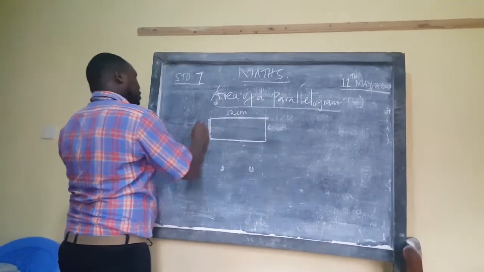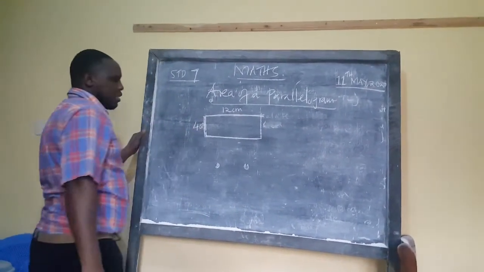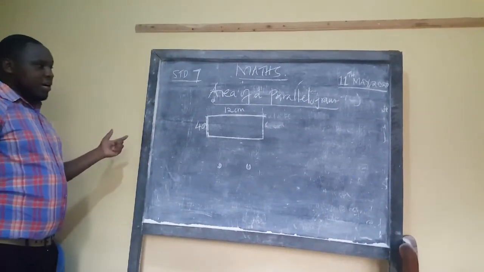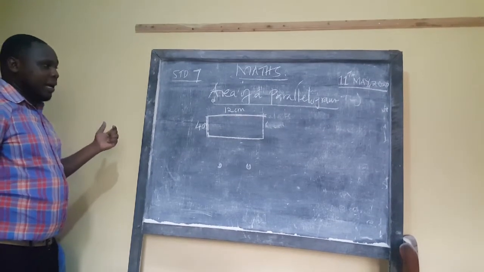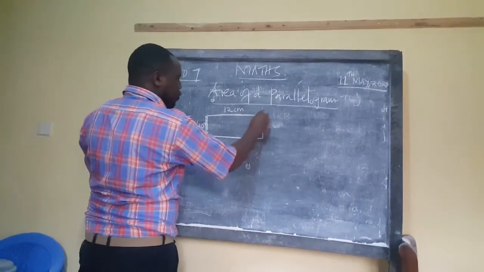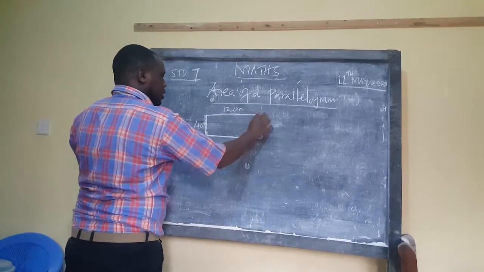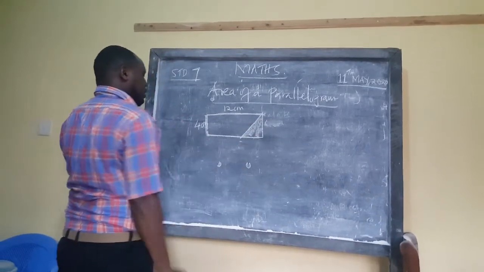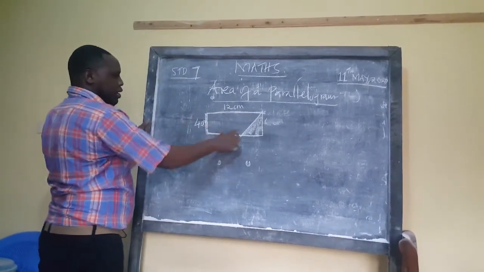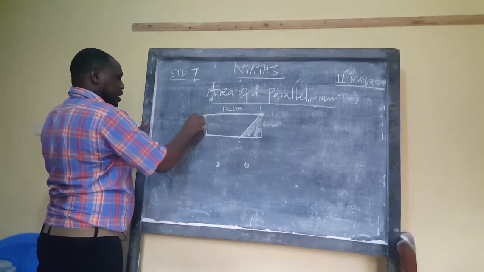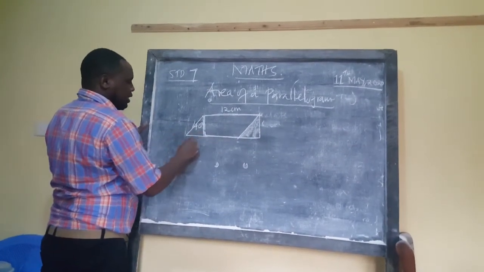Let's place the 4 on this side, 4 centimeters. So a parallelogram will be a diagram like this. If you cut this part here, cut that part and bring it here. Remove this part, come and plug it there.